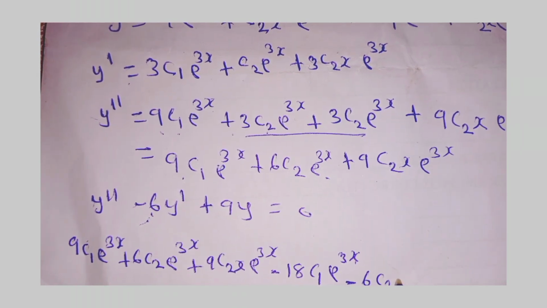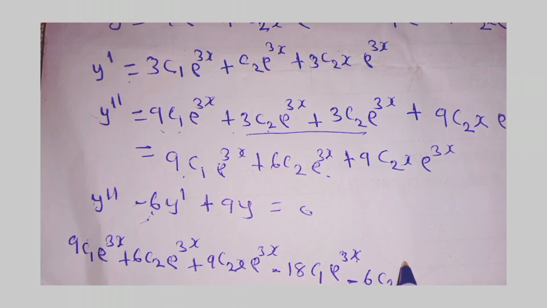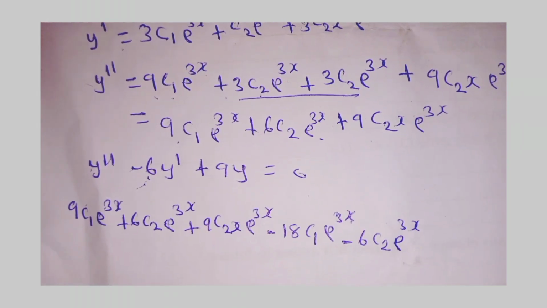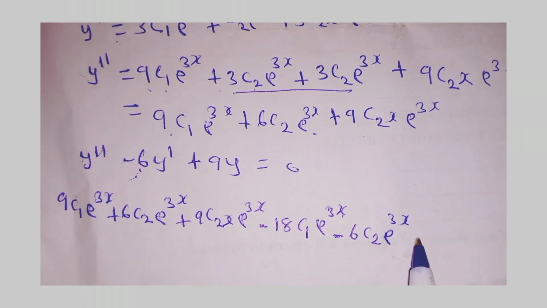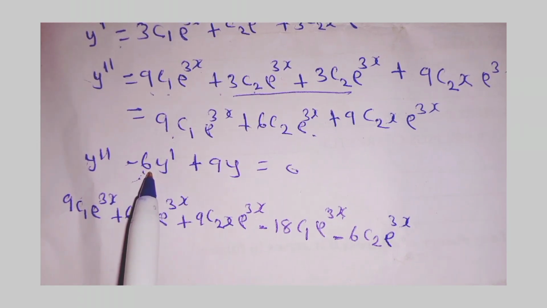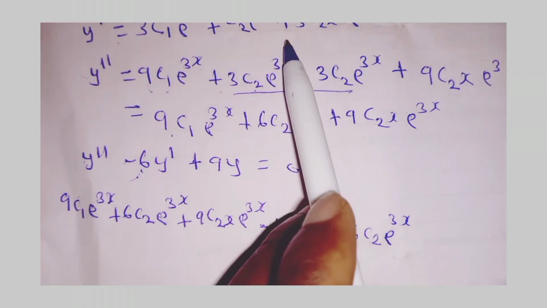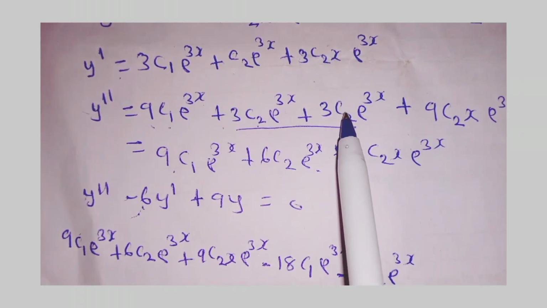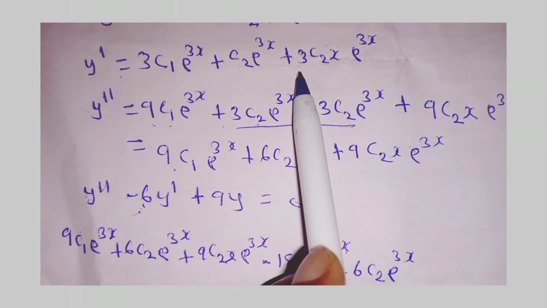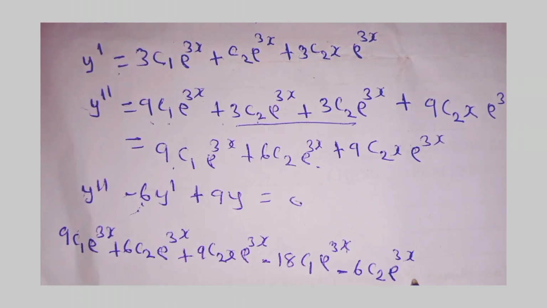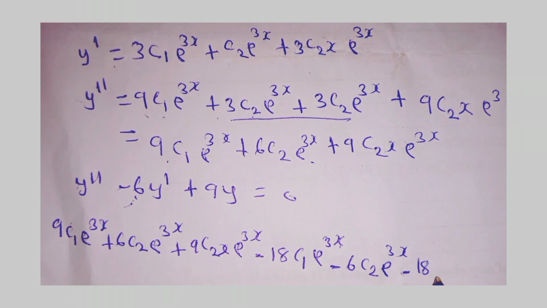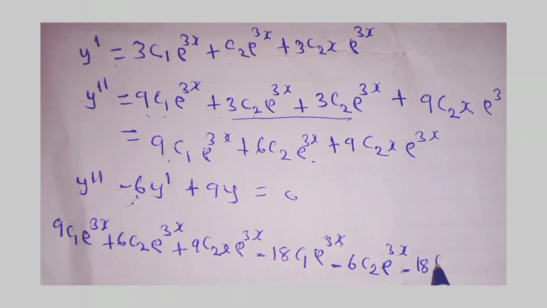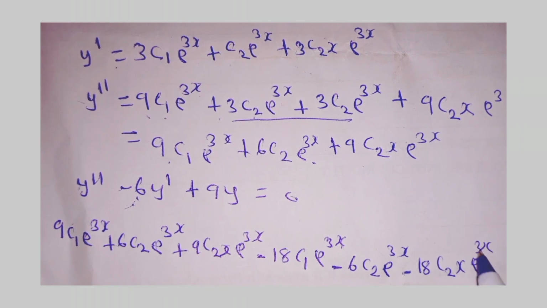because there is a negative here. Then you have the next one, negative 6 times 3c2 x, so it will give you negative 18 c2 x exponential 3x.